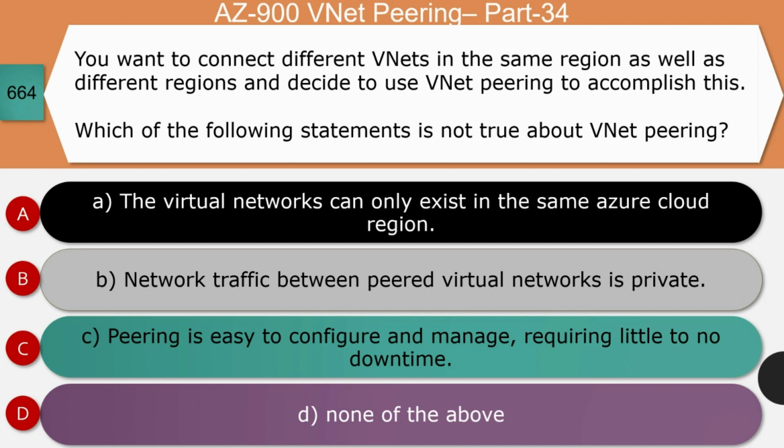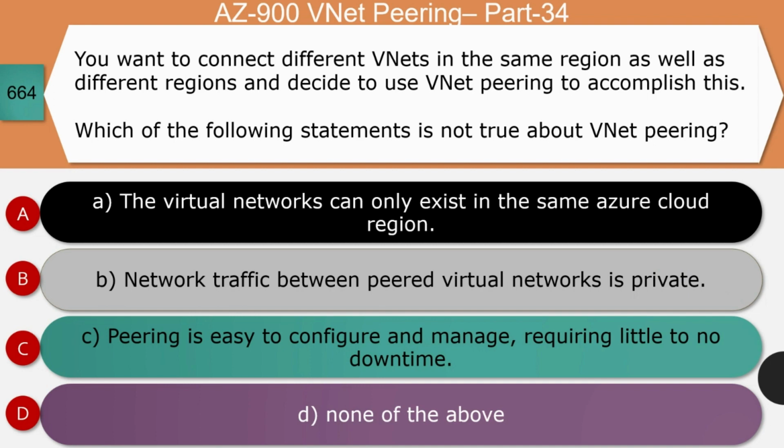Next question. You want to connect different VNets in the same region as well as different regions, and decide to use VNet pairing to accomplish this task. Which of the following statements is not true about VNet pairing? Option A. The virtual networks can only exist in the same Azure cloud region. Option B. Network traffic between paired networks is always private.